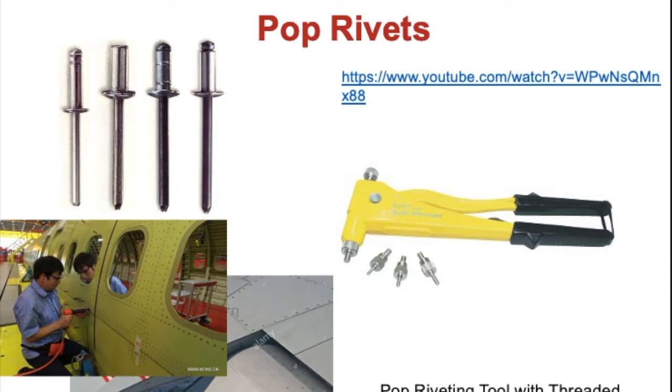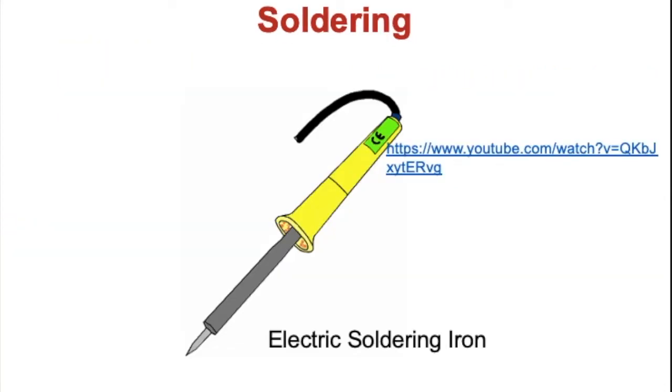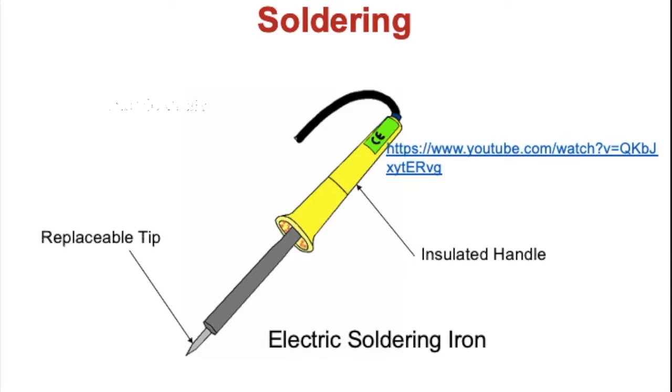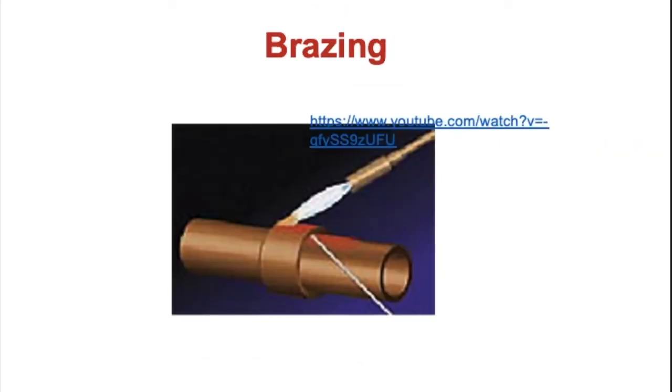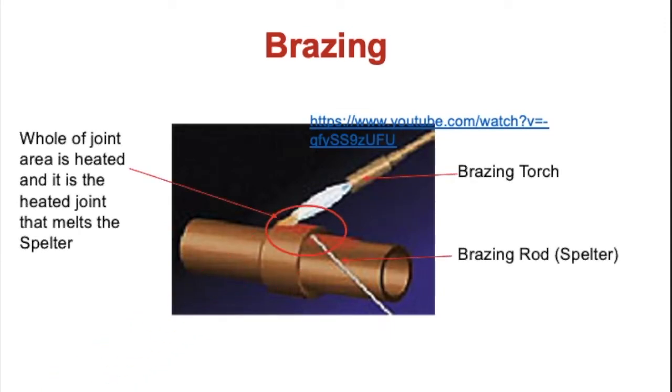Like I said in the previous slide, this is a permanent joining process, and it is usually used to join sheet metals. Similarly, I have an example of soldering with a link that you can watch, to familiarize yourself with the technique, and brazing as well, the important tools that you need, and the link as well.